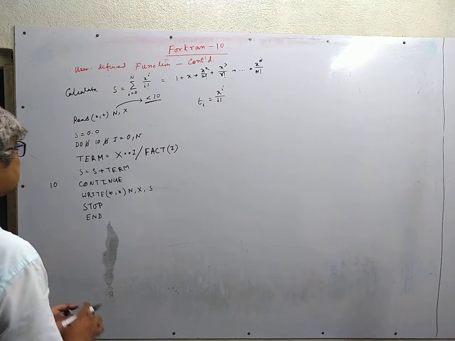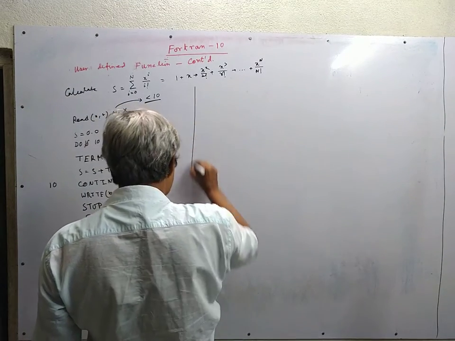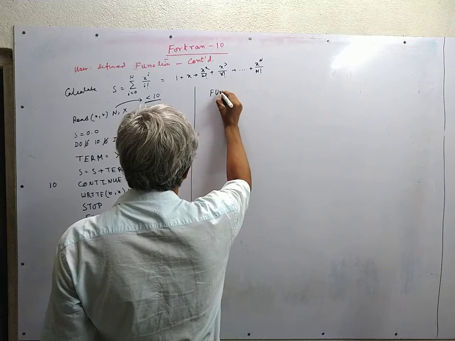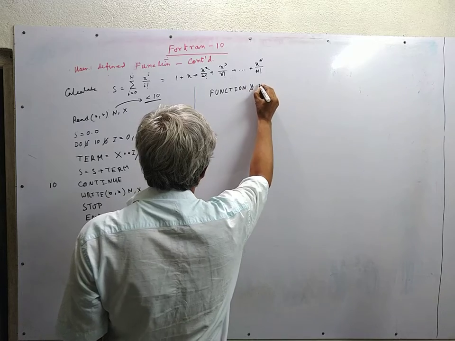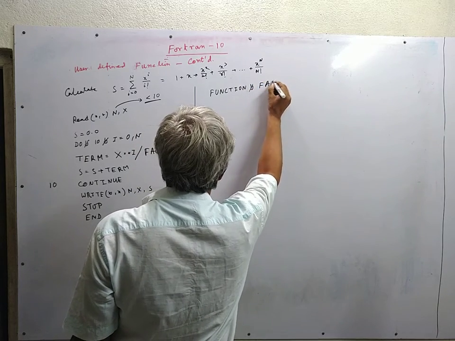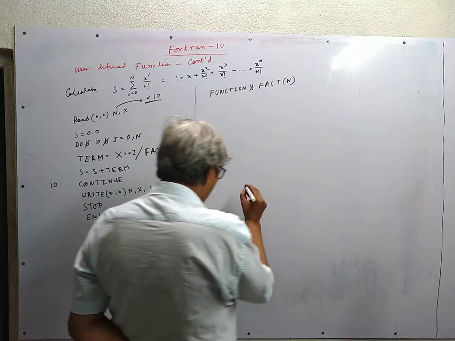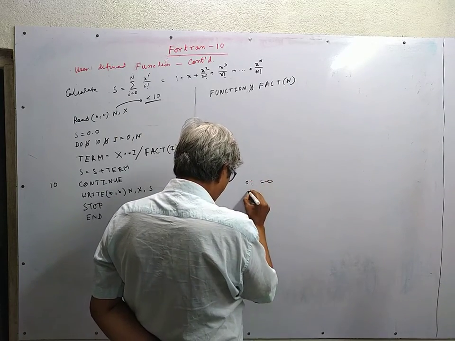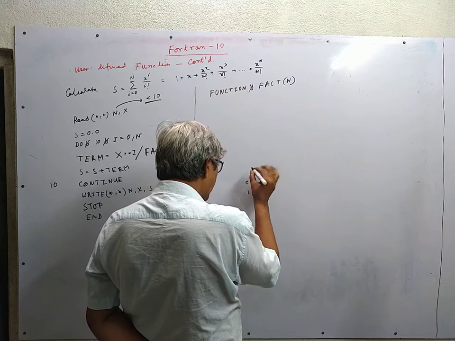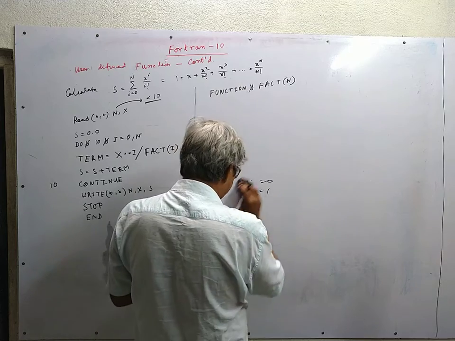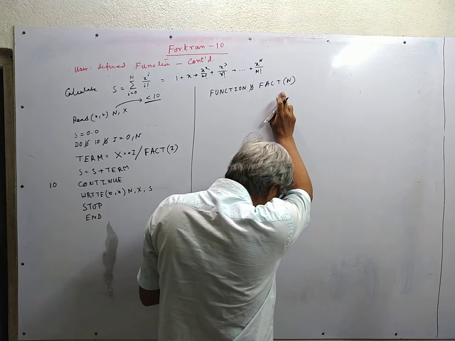Now we come to the subfunction, function fact. We know that factorial of 0 is 1, factorial of 1 is 1, and we can calculate the factorial of positive integers. Factorial of negative integers is not defined. So here we are considering the factorial of an integer.